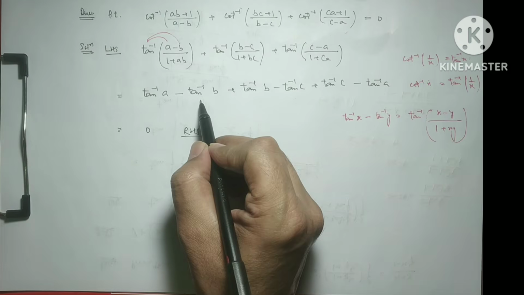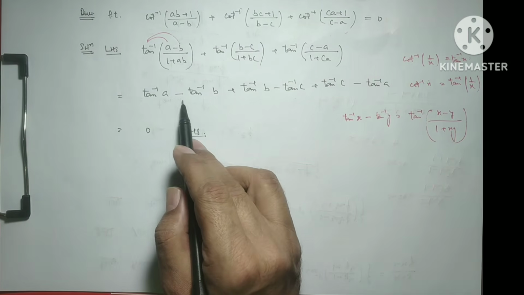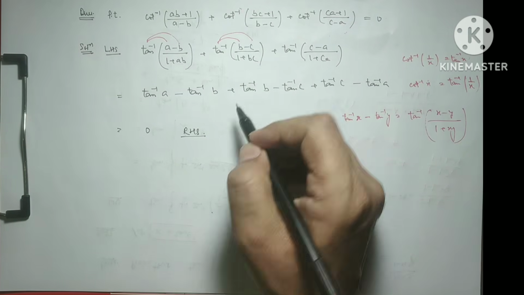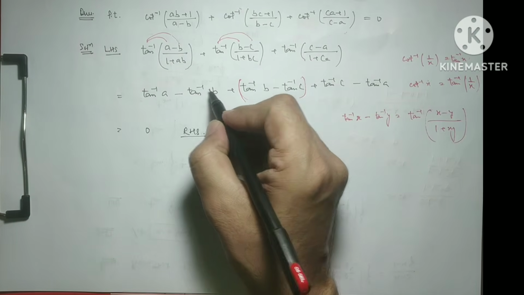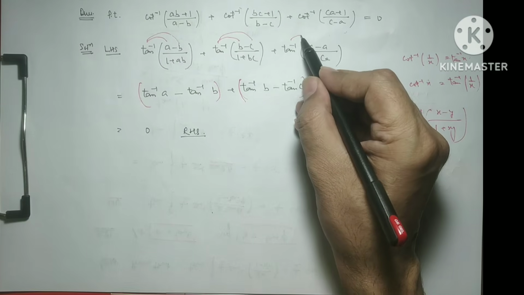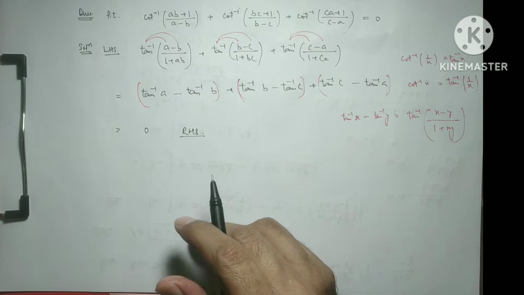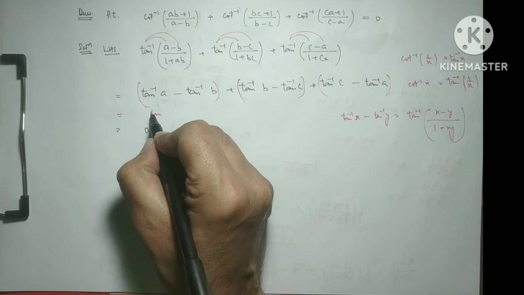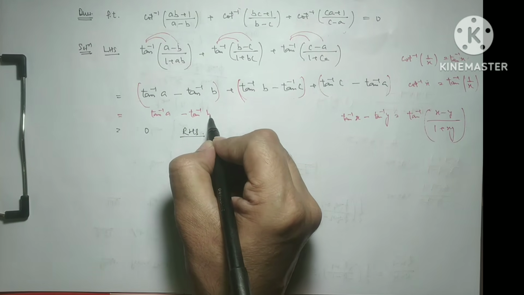So we can substitute this as tan inverse A minus tan inverse B. Same way, tan inverse B minus tan inverse C. And in the third expression, that will be tan inverse C minus tan inverse A. So on opening this bracket, this is tan inverse A with positive sign, tan inverse B with negative sign.